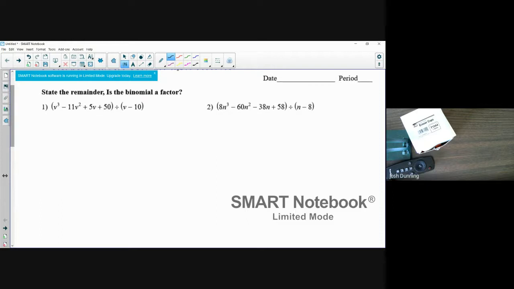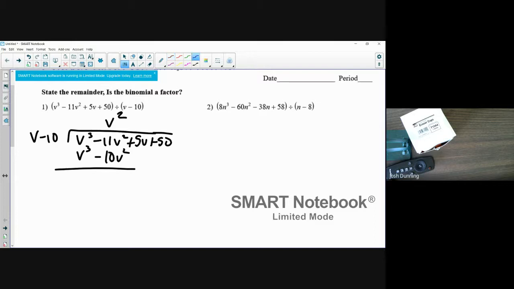Now, the first one, it says state the remainder is the binomial of factors. Well, let's do the division on this one. So we're going to multiply v by v squared to get v cubed minus 10v squared. Don't forget to multiply both terms in the divisor. And then also remember it's minus negative 10, negative 11 plus 10 is negative 1v squared. Bring that 5v down.